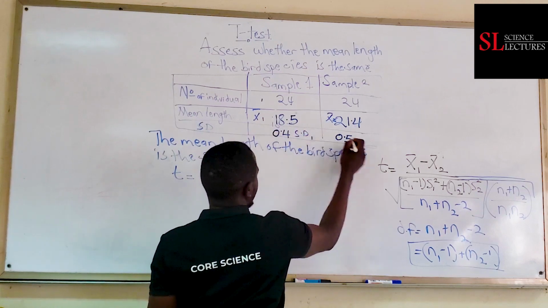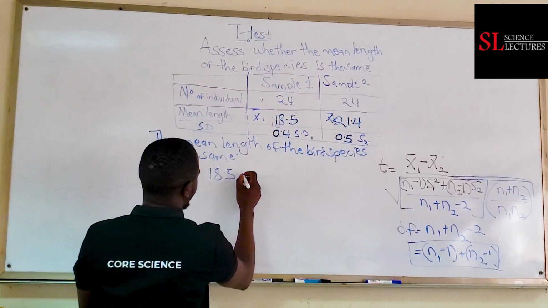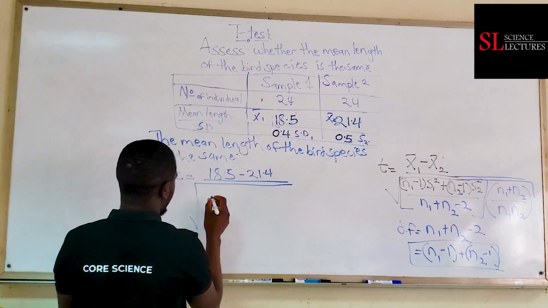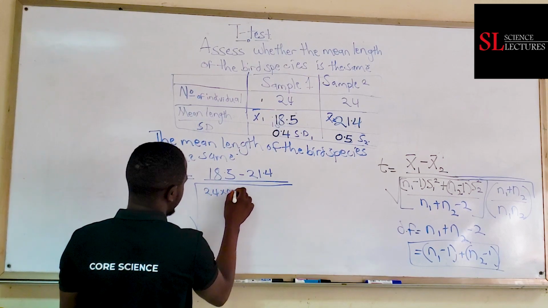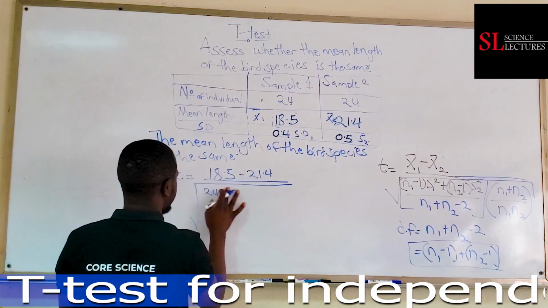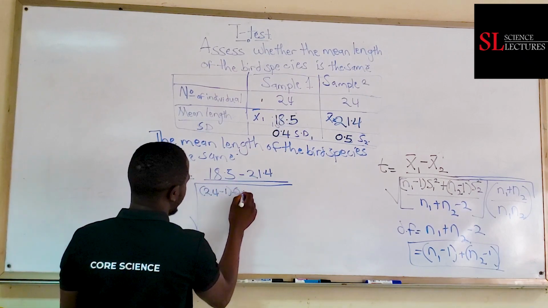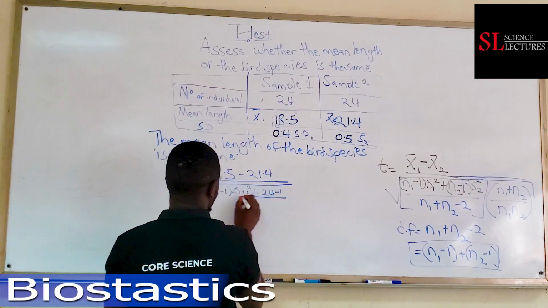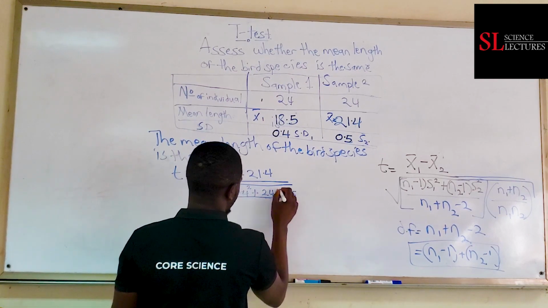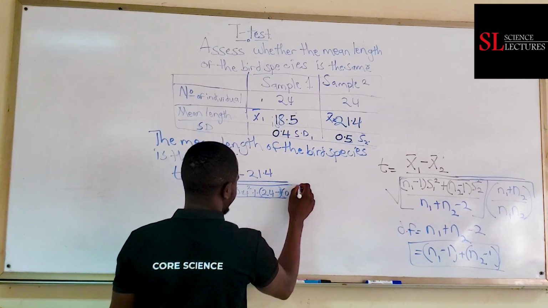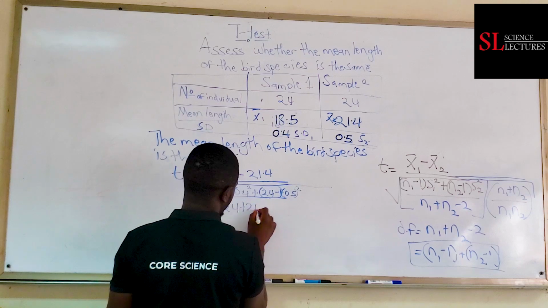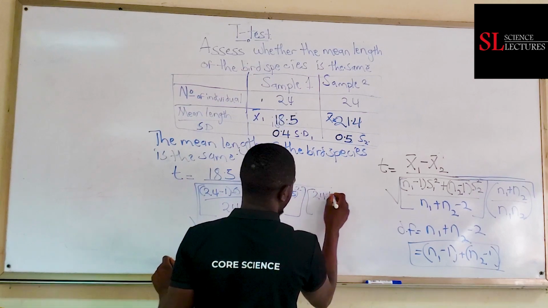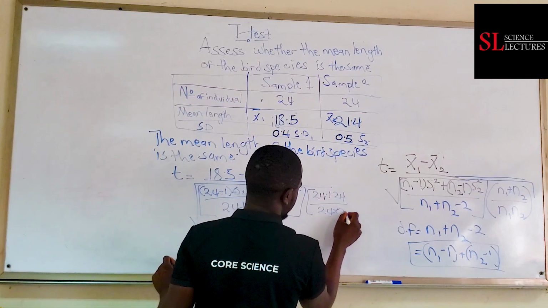This is standard deviation 1 and this is standard deviation 2. 18.5 minus 21.4, the whole of this divided by the square root of 24 minus 1 into 0.4 squared plus 24 minus 1 into 0.5 squared, divided by 24 plus 24 minus 2, multiplied by 24 plus 24 divided by 24 times 24.